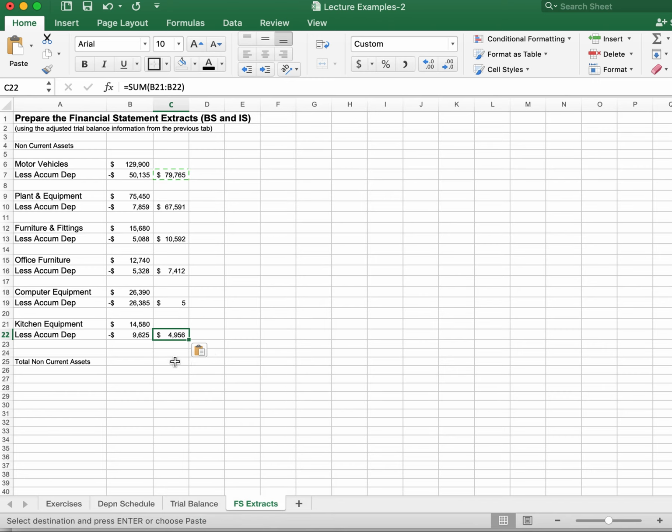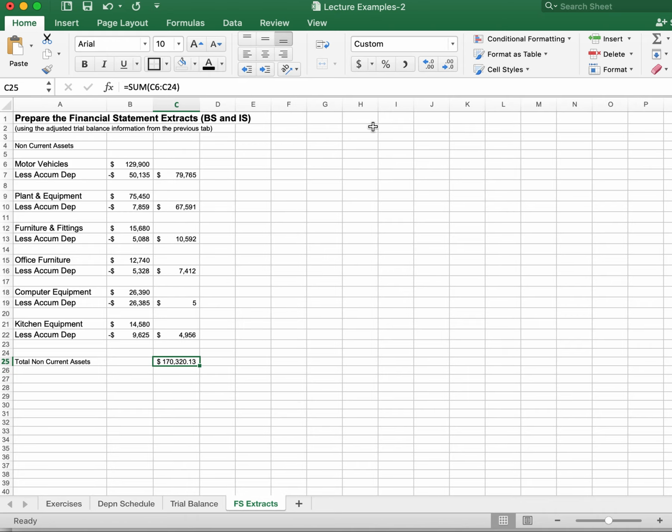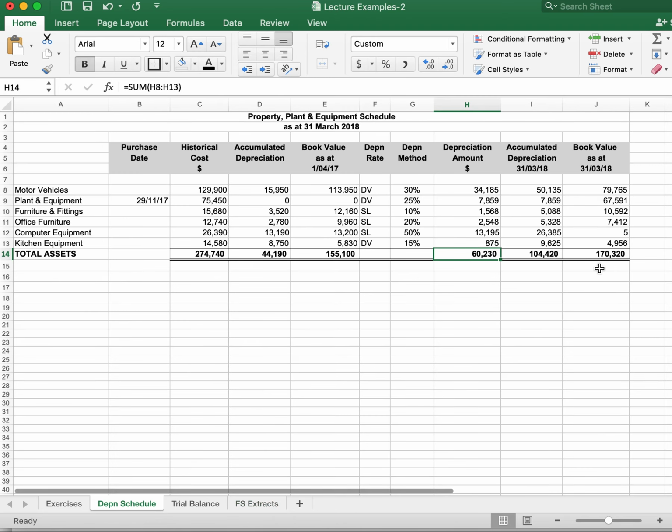Cool. All right. And that should now sum. It adds up to what our depreciation schedule does. So the balance sheet should match the depreciation schedule.